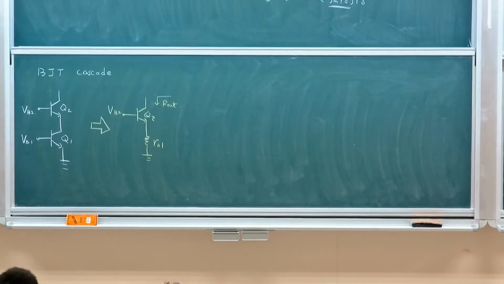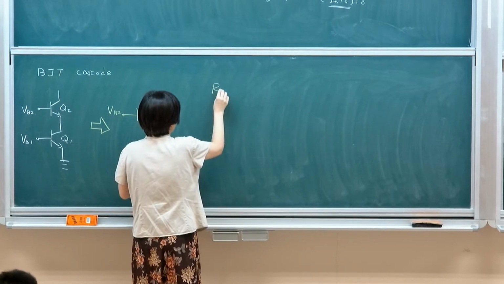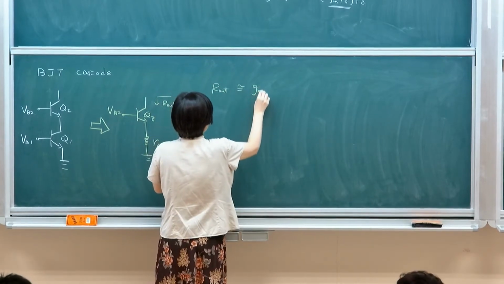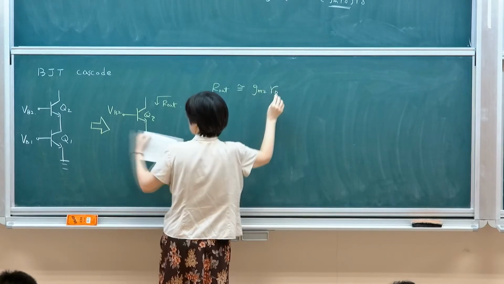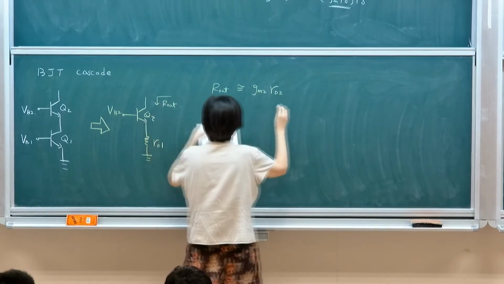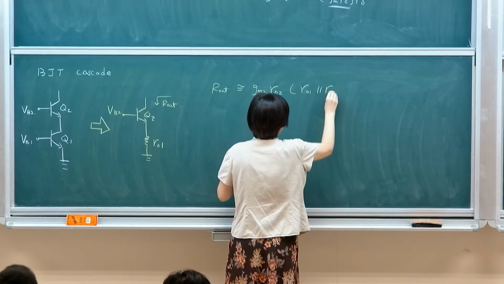So you go back and check the equation. I'm using an already simplified version. RL is approximately gm2 RO2 times RO1 in parallel with r-pi.